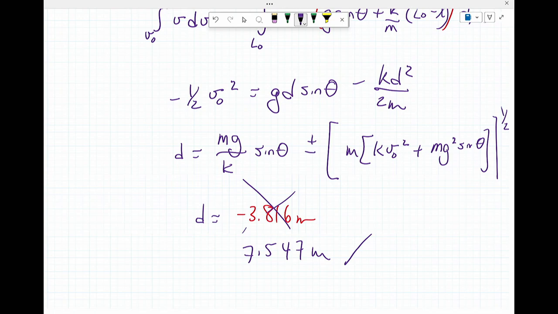The other thing to notice is that I don't care about the length of the spring. L naught doesn't play a role in this problem at all. L naught doesn't appear at the end. Everything else kind of does.